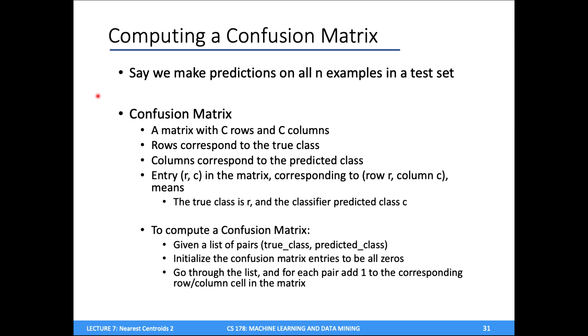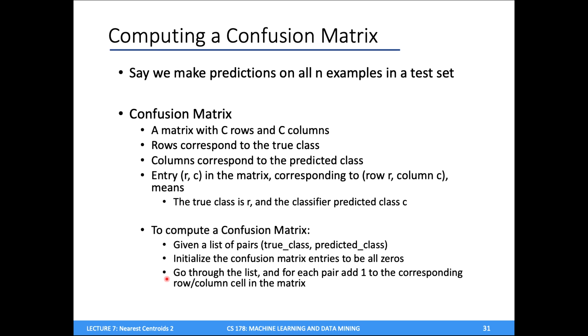In practice, to compute one of these confusion matrices, what you'll need is a list of pairs, essentially corresponding to the true class and the predicted class. So we take our classifier, make predictions on a test set, and get these predicted labels. We compare them to the true class. We then initialize our confusion matrix, again this square C by C box of numbers, to be all zeros.